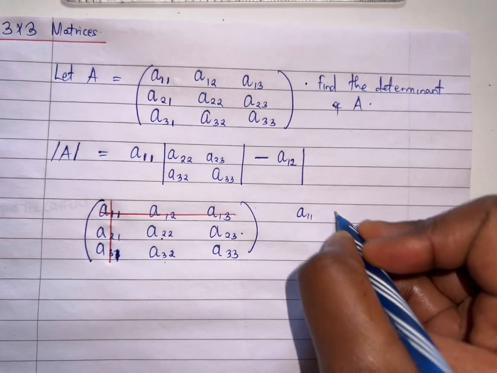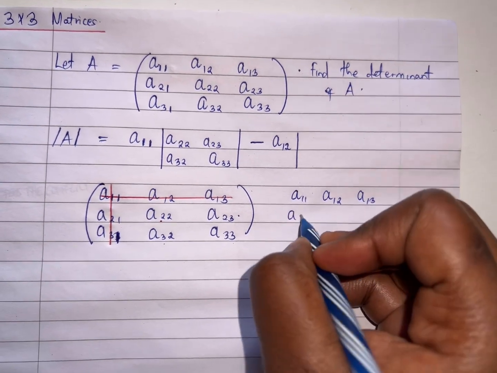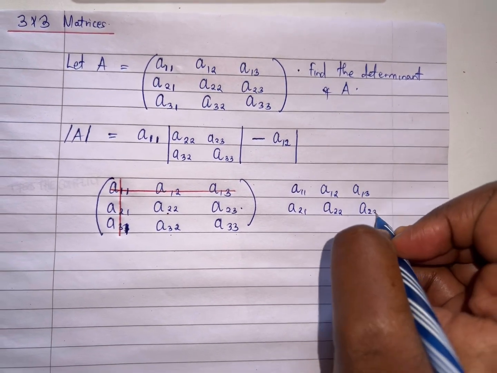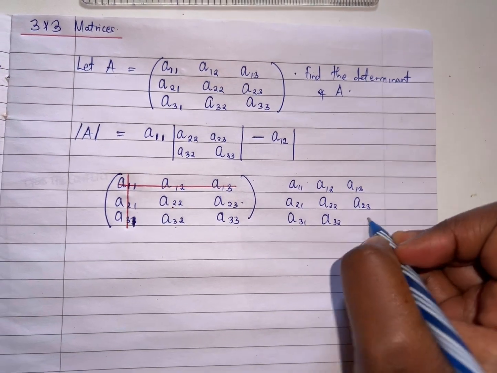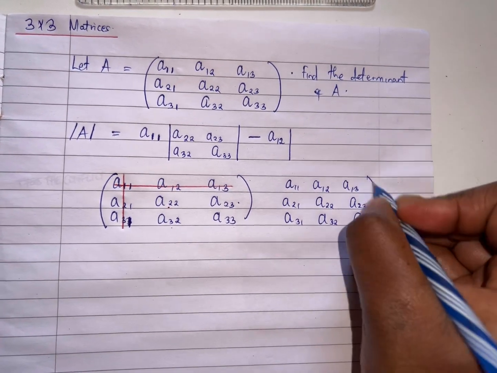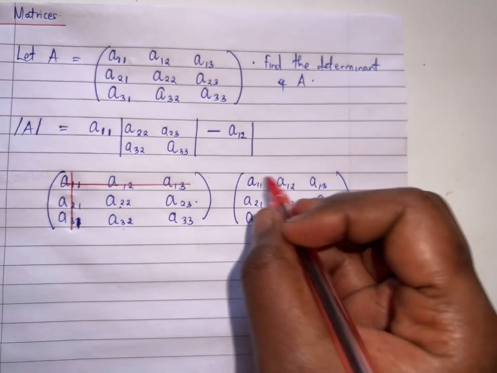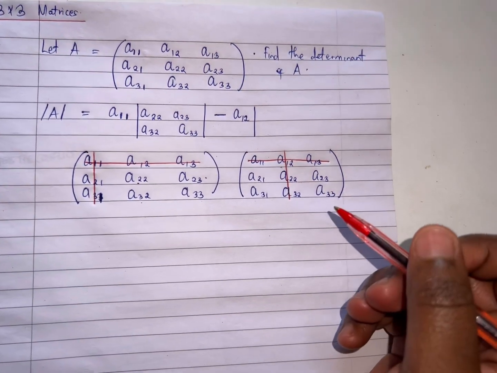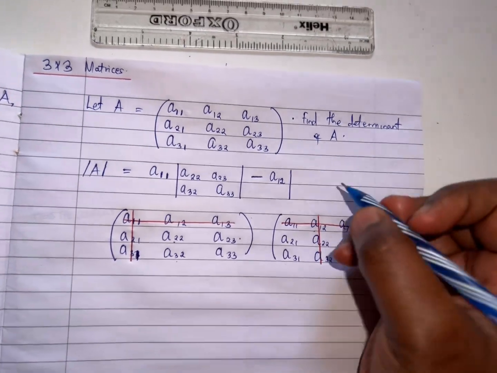Let me just rewrite again. You can see the values that you're having: A21, A23, A31 and A33.